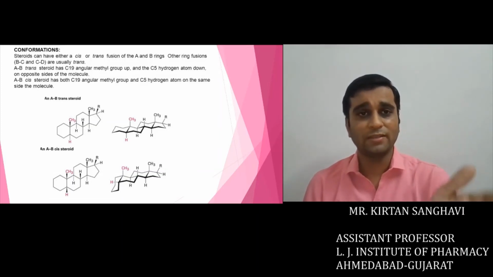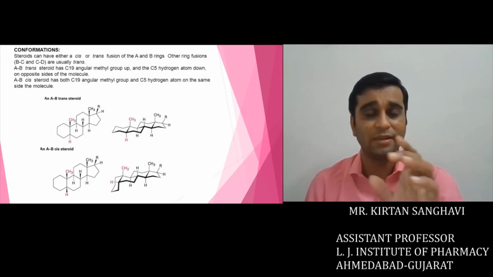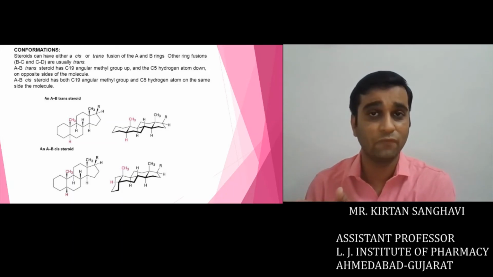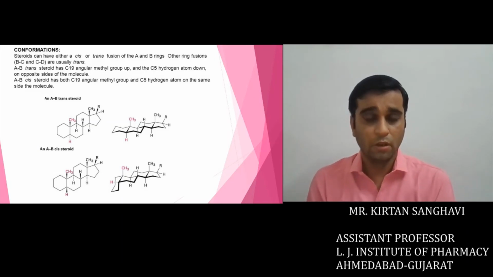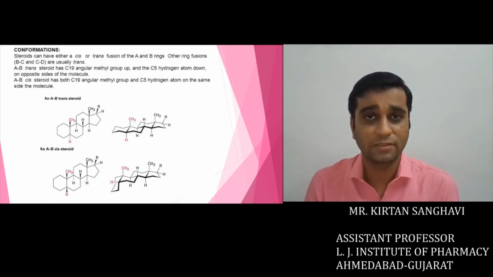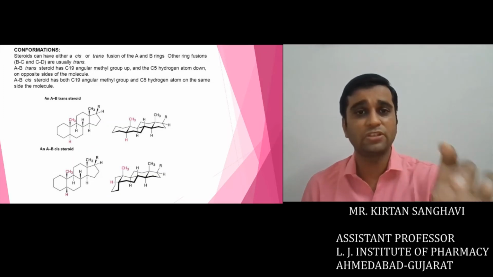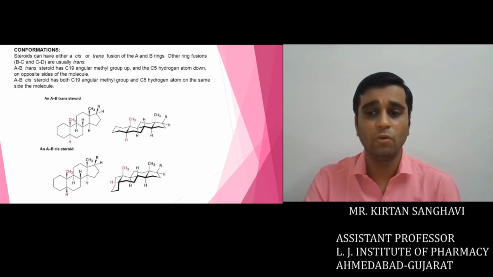But as far as conformational isomerism is concerned, it is difficult to draw on paper because there are three cyclohexane ring systems fused along with one cyclopentane. Chair and half chair conformation make the structure more complex. But when we talk about the simple structure without conformation, it is really very easy to draw.